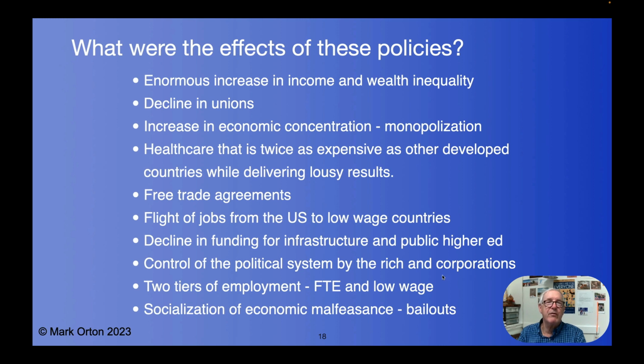So FTE stands for finance, technology, and electronics. Everybody else works for a low-wage job. And finally, there's the socialization of economic malfeasance. These are the bailouts, which we saw outrageously large numbers of dollars given to financial institutions of one sort and another, particularly notoriously in the 2008-9 global recession.